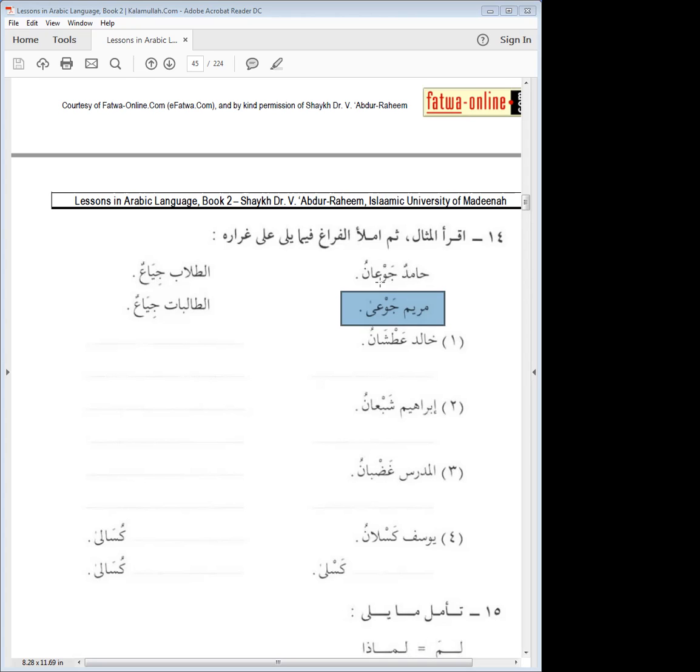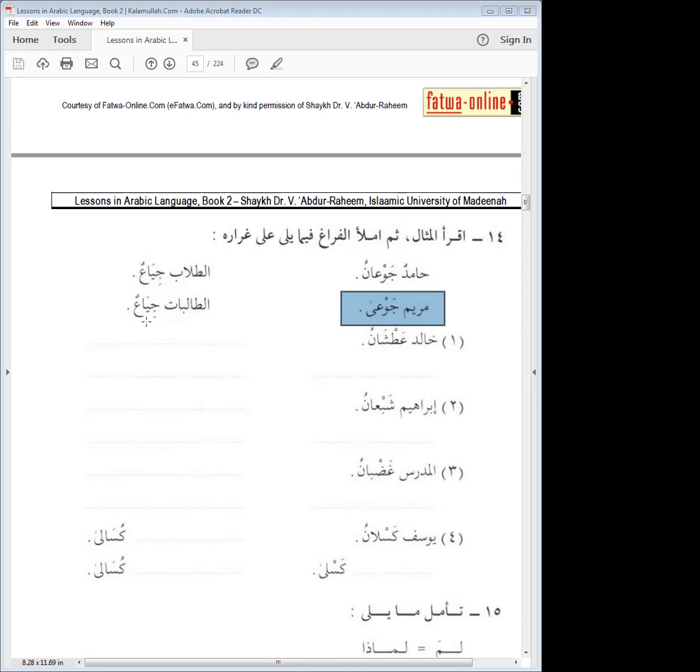You have Jaw'anu, Atshanu, Shab'anu, Ghadbanu, Kaslanu. All of them are the same pattern, right? So the same thing will be applied for the feminine form as well as for the plural. Is that clear? You just drop the alif and noon and add the maksura for the feminine.